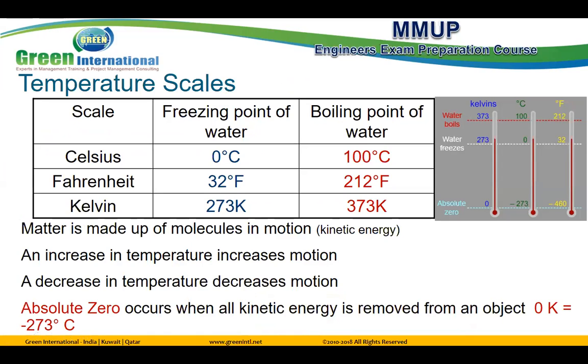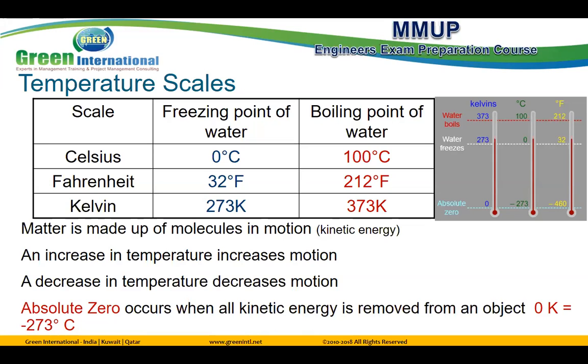Here we represent the difference between the temperature scales. As you know, the temperature scales are Celsius and Fahrenheit. These are the two main scales used. For Celsius, the range is 0 Celsius for the freezing point and 100 for the boiling point. It means delta T between freezing and boiling is 100.